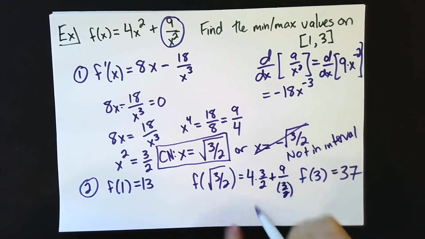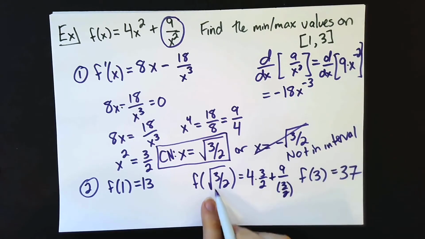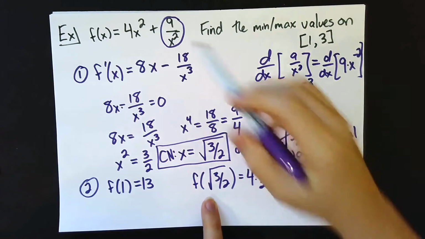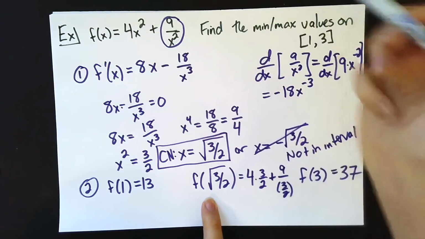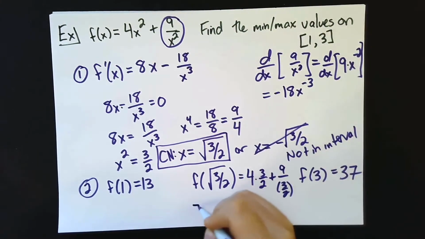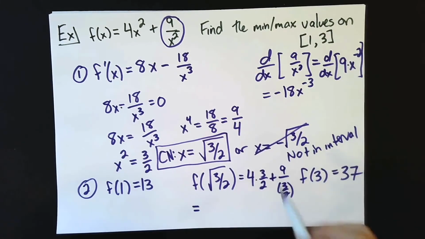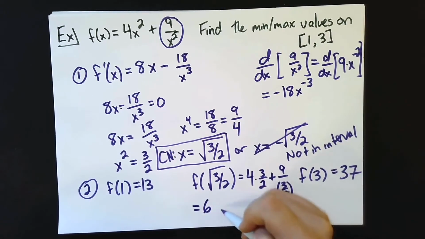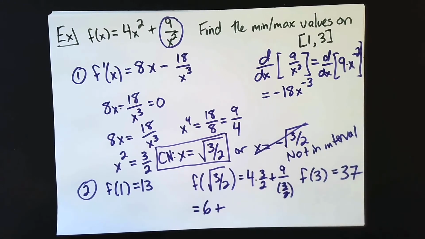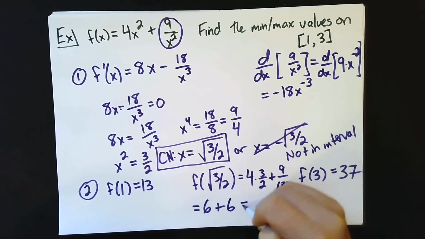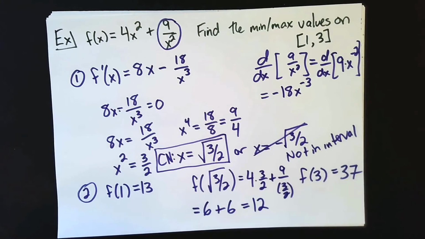This being because I'm plugging in the square root of 3 halves, but then I'm immediately squaring it in both places, so I'm just going to get a 3 halves. And so this is going to be 6 plus, and then this is also going to be 6. So this is going to be 12.